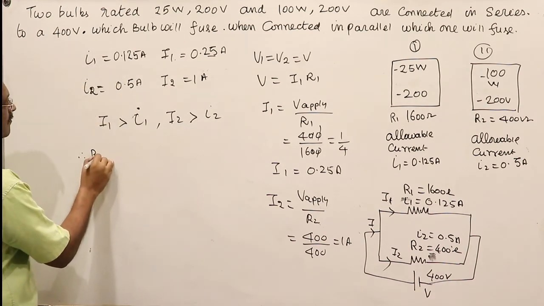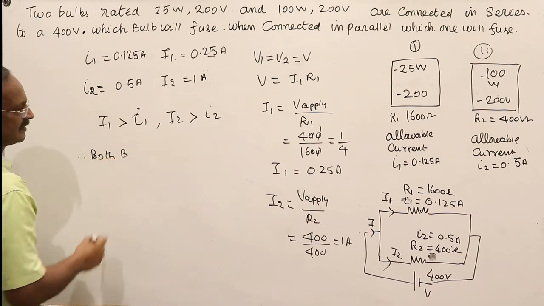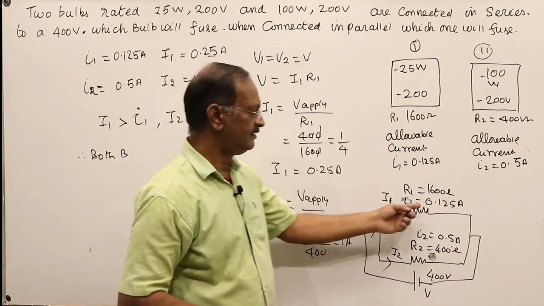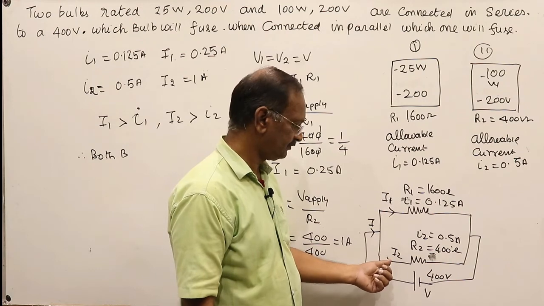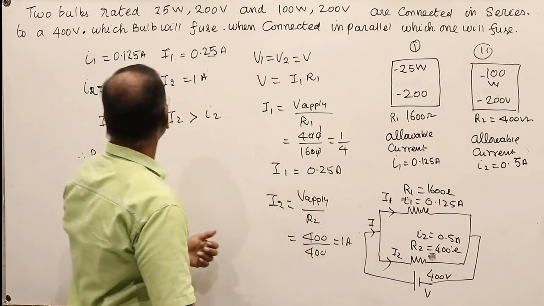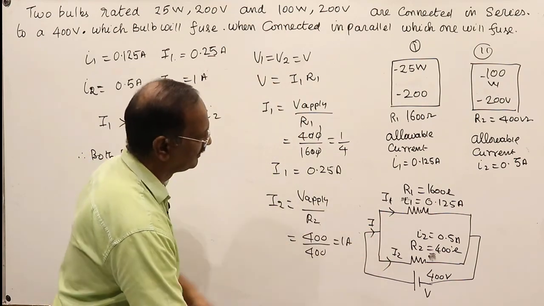Bulb 1 can withstand only 0.125 ampere, but the current flowing through it is 0.25 ampere.